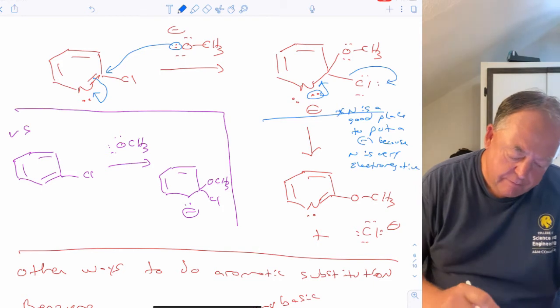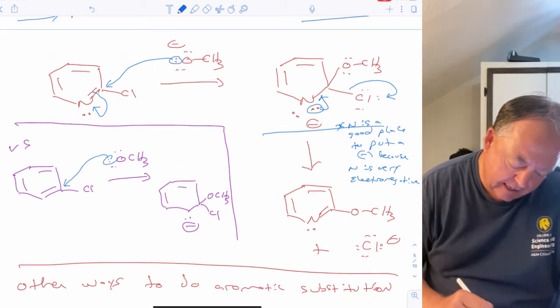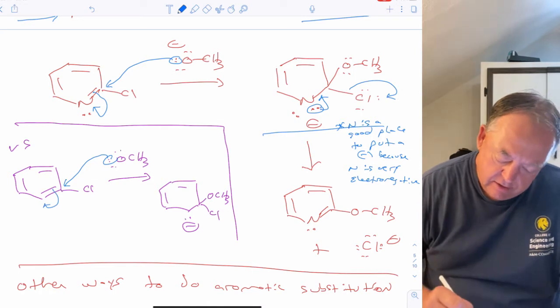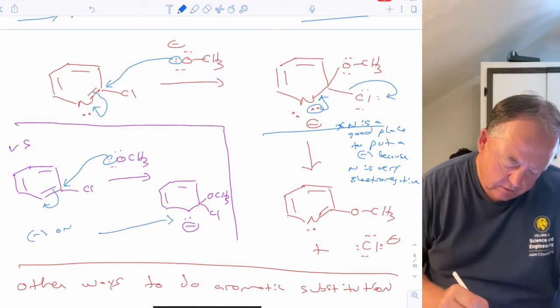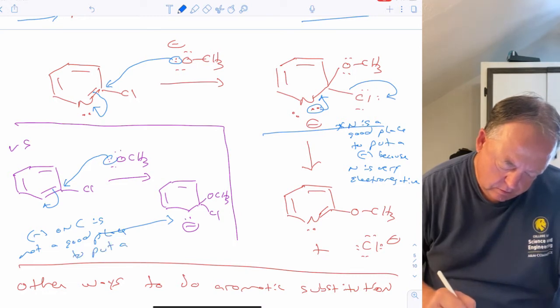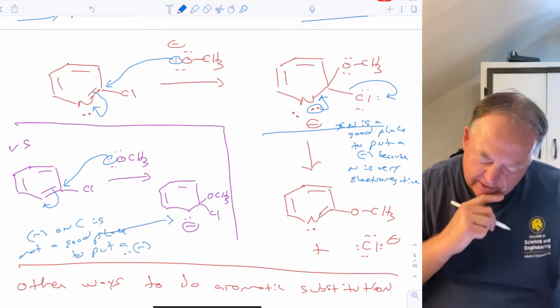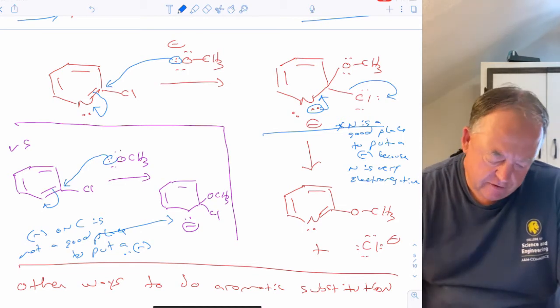All right, so if we compared that to the nitrogen not being there, so if it's just chlorobenzene, so if that attacks here, that goes there. So negative on carbon, that's not a good place to put extra electrons because carbon's not very electronegative.